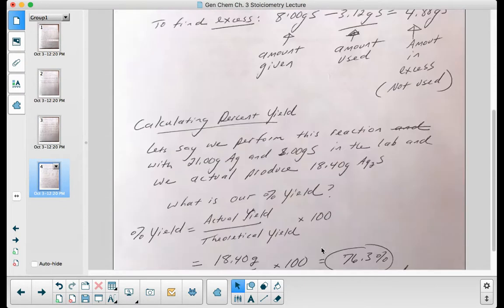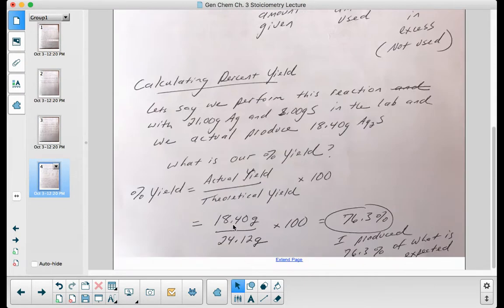It's actual over theoretical times 100, and I get 76.3%. What that tells me is that I produced 76.3% of what's expected.